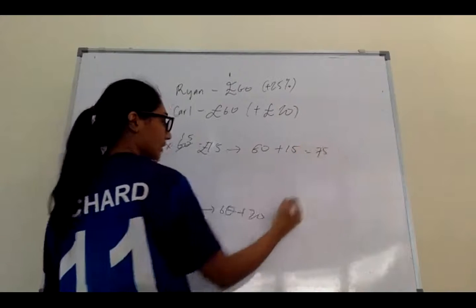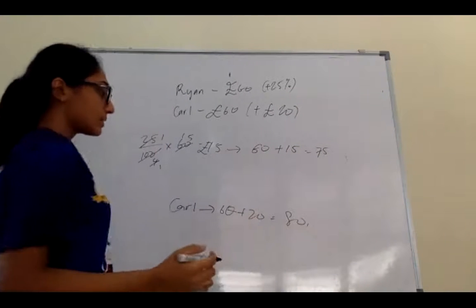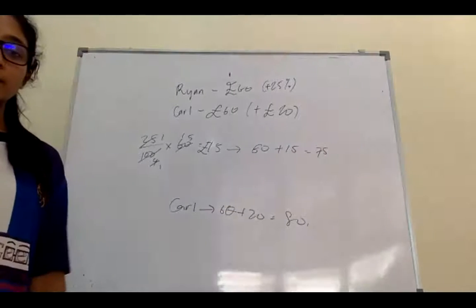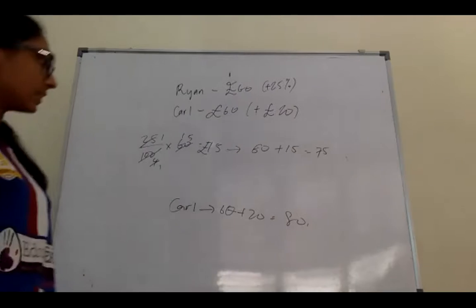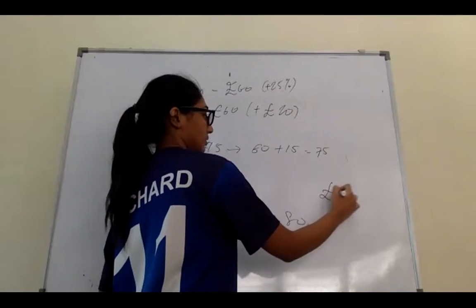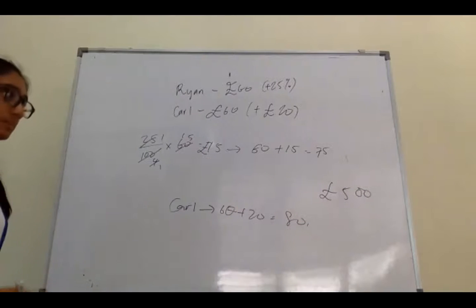This one gets 75, this one gets 80. So the difference is 80 minus 75, which is 5.